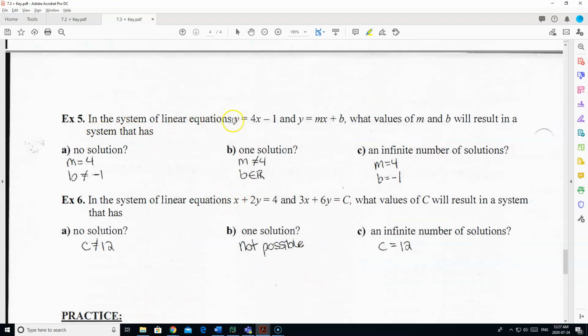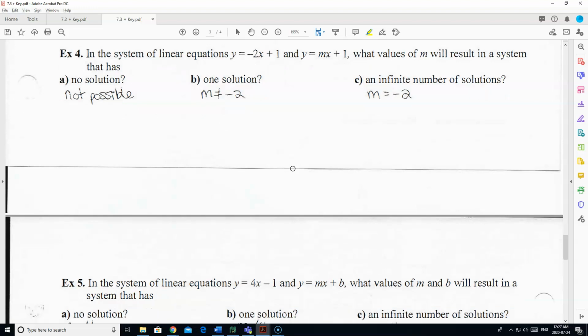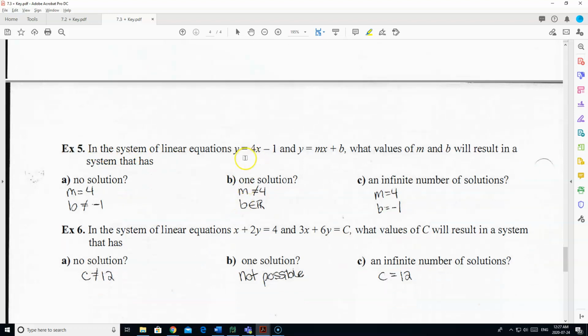Okay, in the system of linear equations, y equals 4x minus 1 and y equals mx plus b. In this case, they have m left as the variable and b, the y-intercept, left in its variable form.